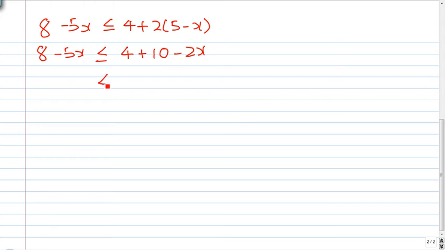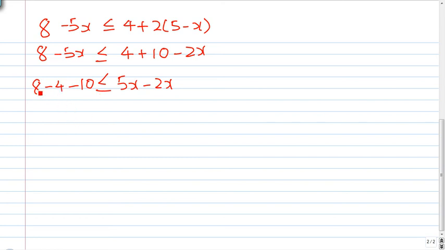Alright, now shall I bring the 5x to the right hand side of the equation? Negative 5x will become 5x minus 2x. Okay, and I bring 4 to the left hand side of the equation, which is minus 4. 10 to the left hand side will become minus 10.